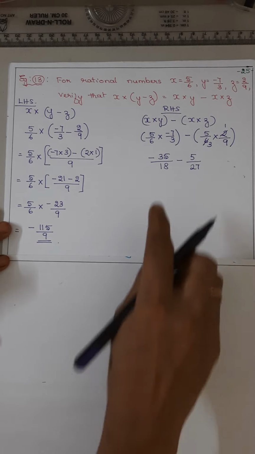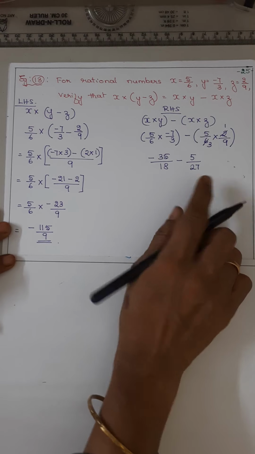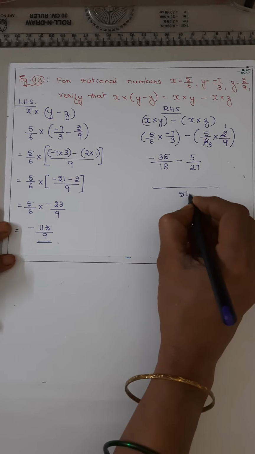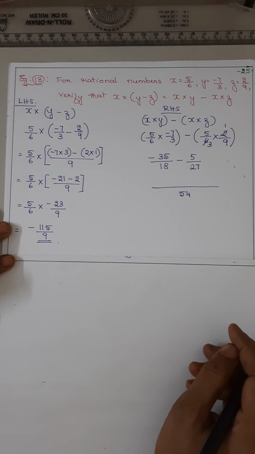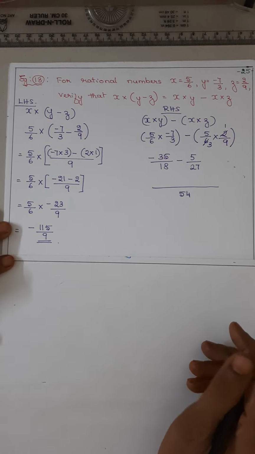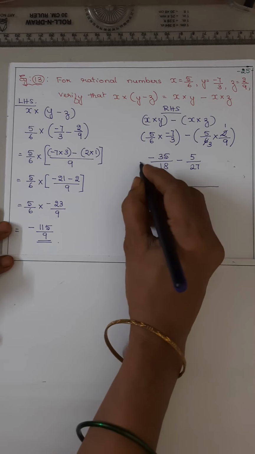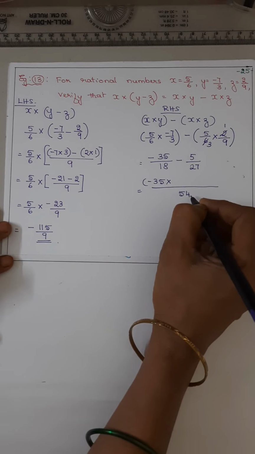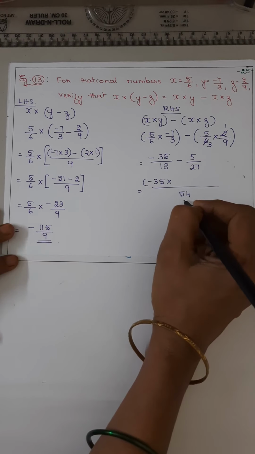Clear? Now 18 and 27. If you check, the LCM is 54. 27 2s are 54 and 18 3s are 54. So numerator minus 35 into 18 3s are 3 8s are 24, 3 1s are 3, 4 5.